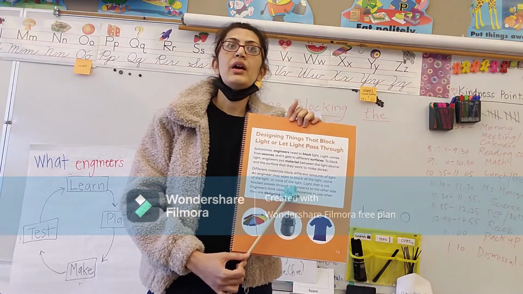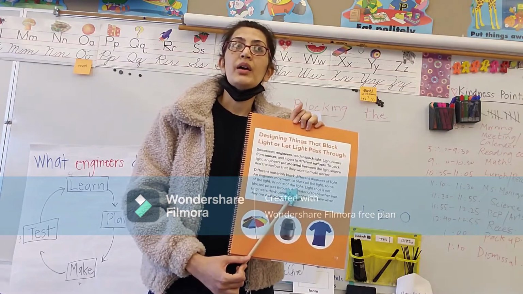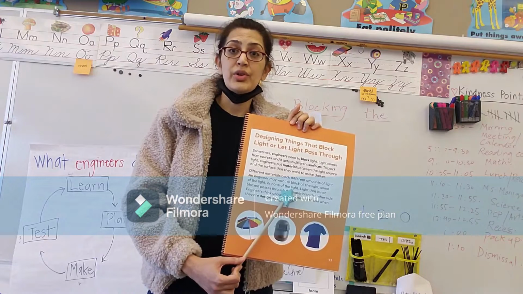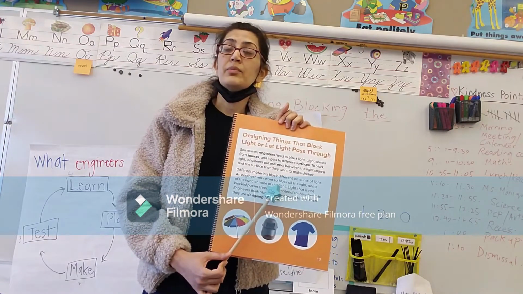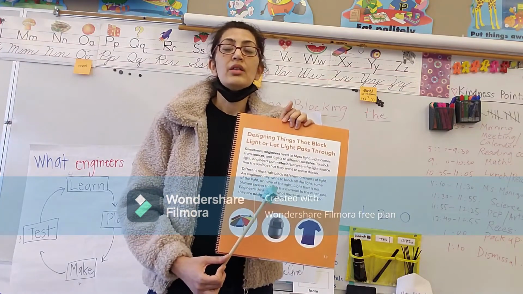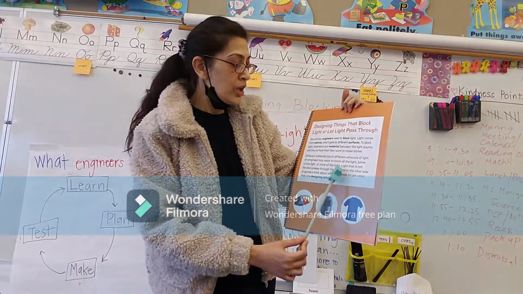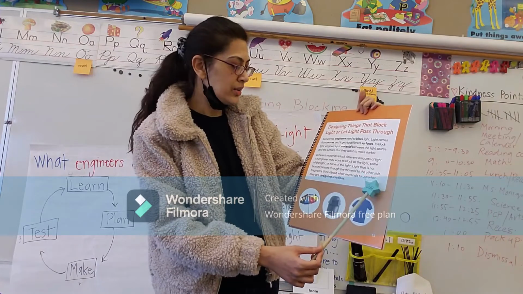Sometimes they use the hard material, the different kinds of materials that I show you, which fully block the light, partially block the light, or do not block the light. The light that is not blocked passes through the material to the other side.